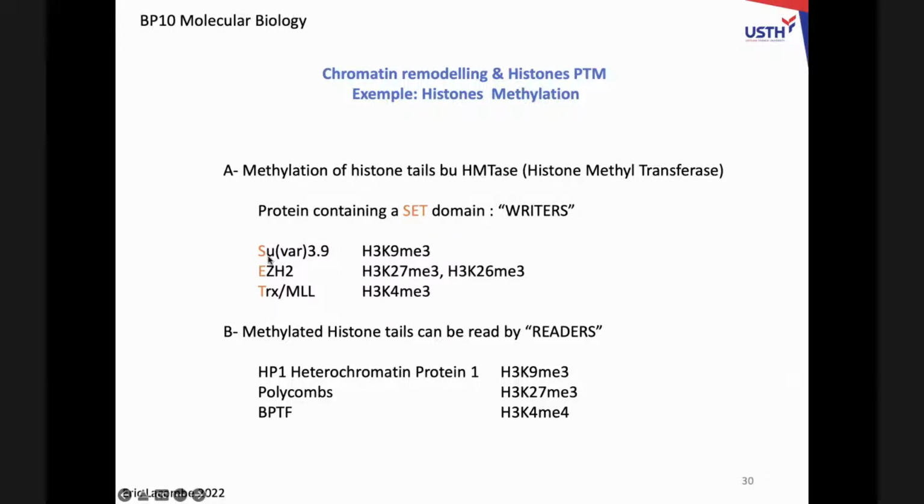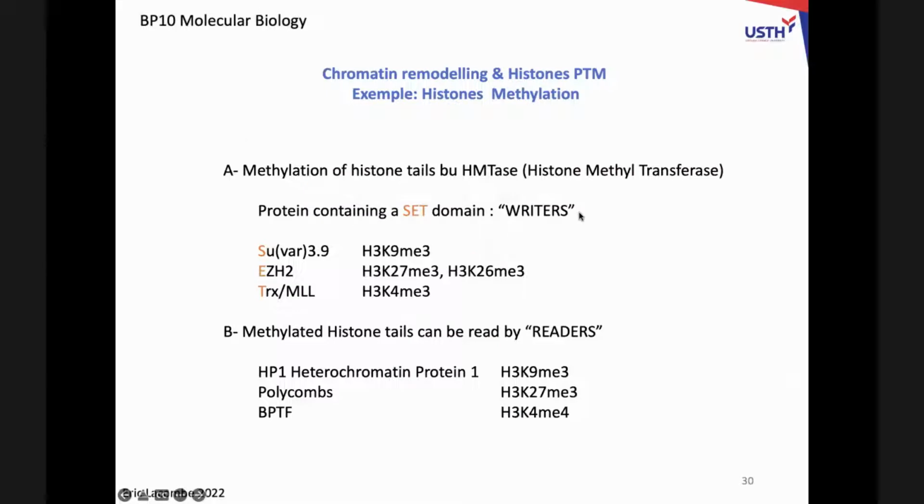So S stands for SUVAR. It's something that has been found in Drosophila. I will show you exactly the example of SUVAR. Then this one has been found in yeast, and this one is also in Drosophila. And the acronym SET comes from the first letters of the first 3 histone methyltransferases that have been characterized.